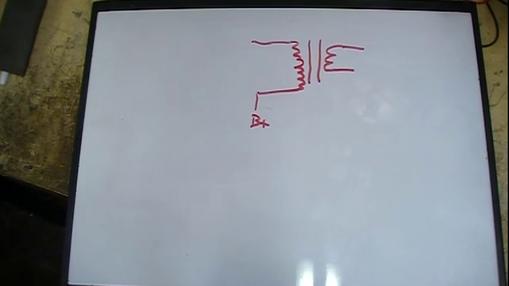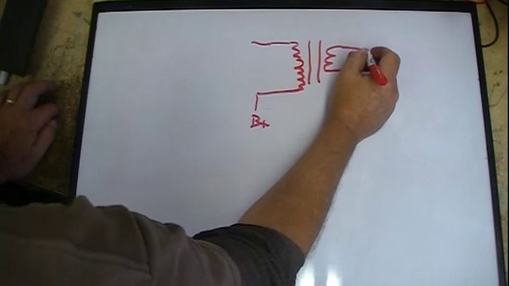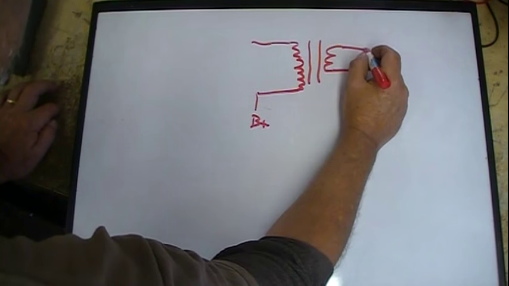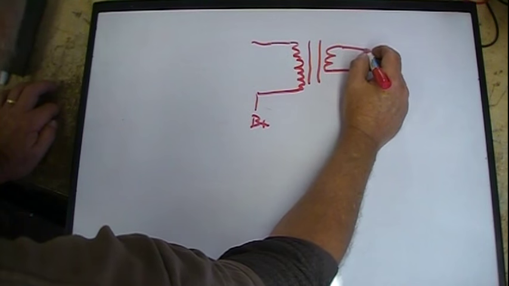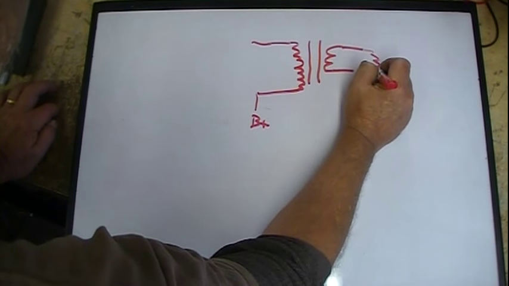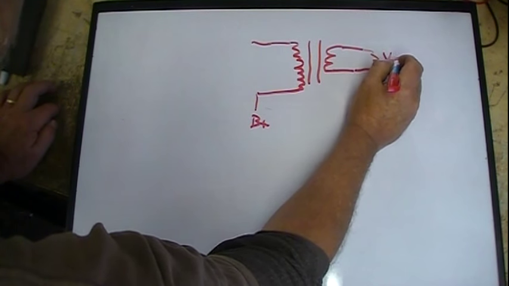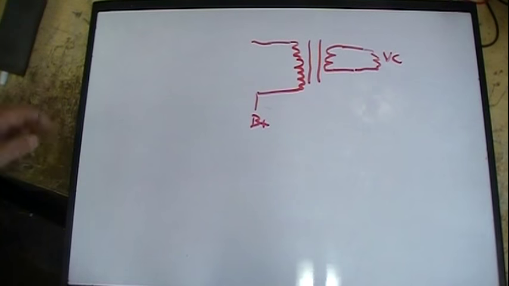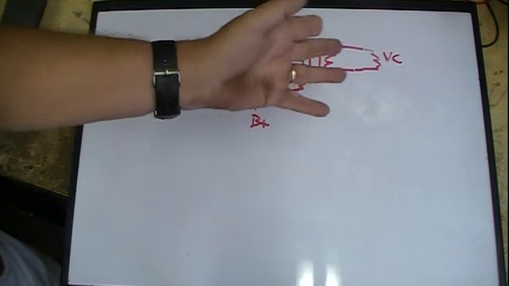Well, how's that work? It's a thing called reflective impedance. This goes out and hooks into my voice coil. I'll just say VC, and that has a certain amount of ohmage to it.